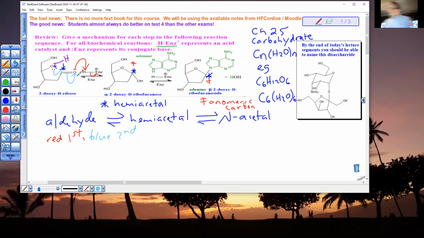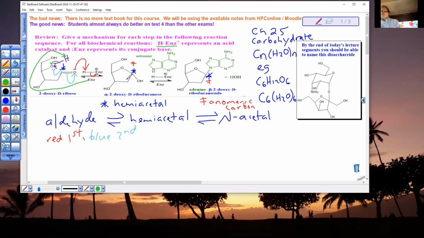This second arrow would have generated an oxonium on this oxygen, and the enzyme will take care of that in a third step. Enzyme lone pair neutralizes the oxonium. And we go straight to our hemiacetal.